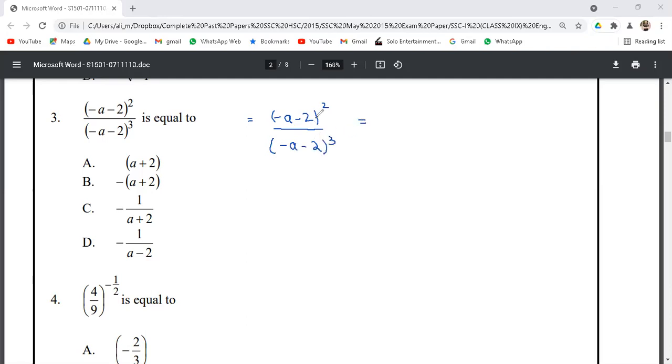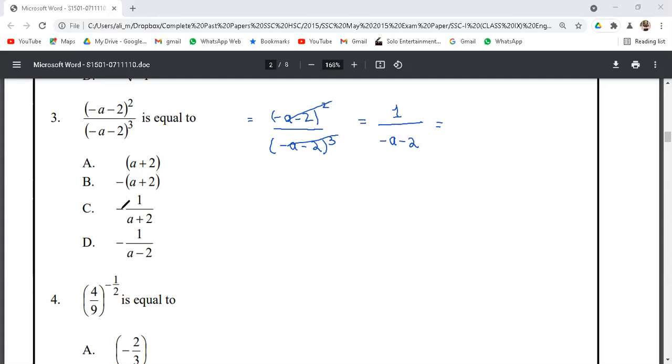So we can cancel out these common factors in numerator and denominator. So we have 2a minus 2 in the numerator, and we have 3 minus a minus 2 in the denominator. So in numerator we will get 1, and in denominator we will have minus a minus 2.